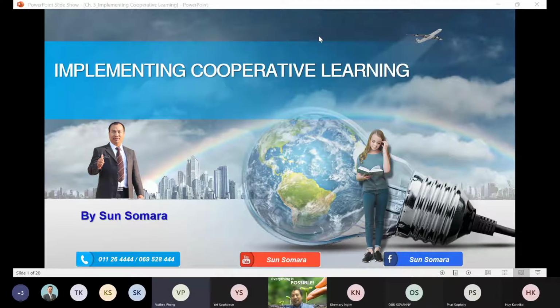To me, I used to apply this in my classroom. Especially, I ask my students to work in groups. Normally, as you know, in the class we always have fast learners and slow learners. So when I form them into groups, I ask the slow learner and the fast learner to work together.